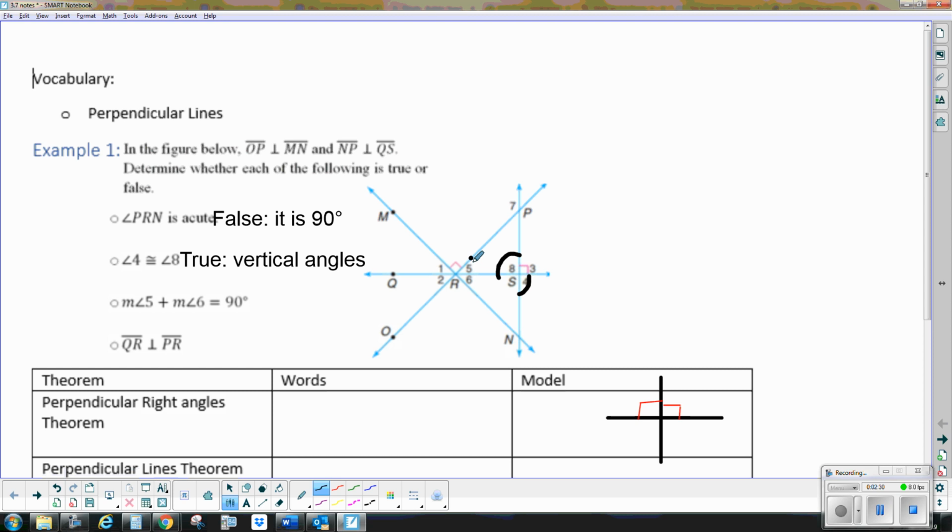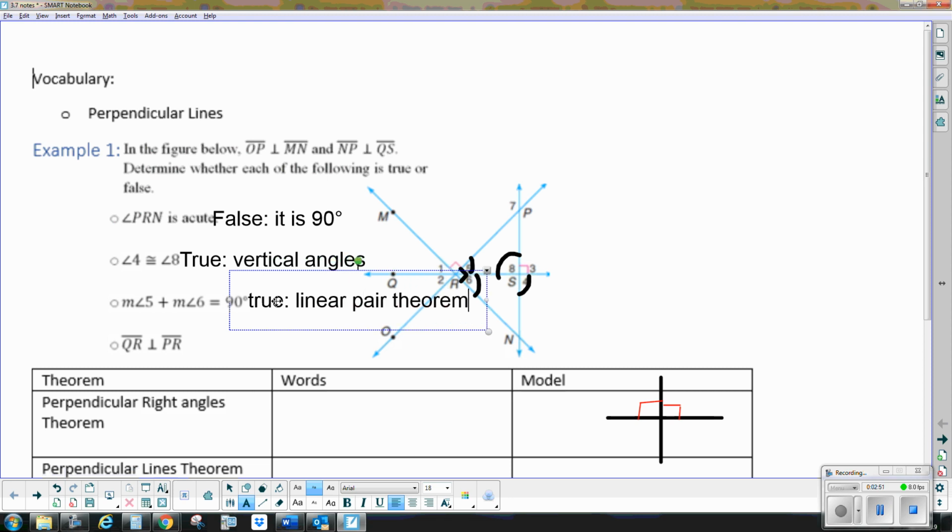Here's angle 5. Here's angle 6. Together, they do equal 90 degrees. And we already said that PRN is 90 degrees because of our linear pair theorem. So together, they are 90 degrees. True. And the linear pair theorem says that they're 90 degrees.